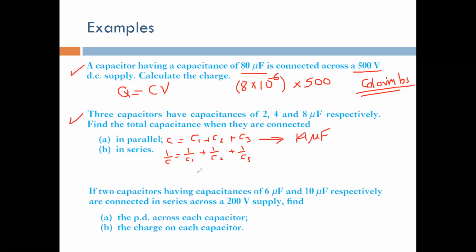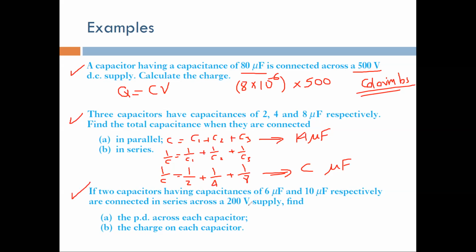As long as we're talking about the same units, we can just use them exactly the same way. So basically, this is 1/2 plus 1/4 plus 1/8 equal to 1 over C. From this, you get C, and it's going to be in microfarads. Yes, doctor, clear. Okay.